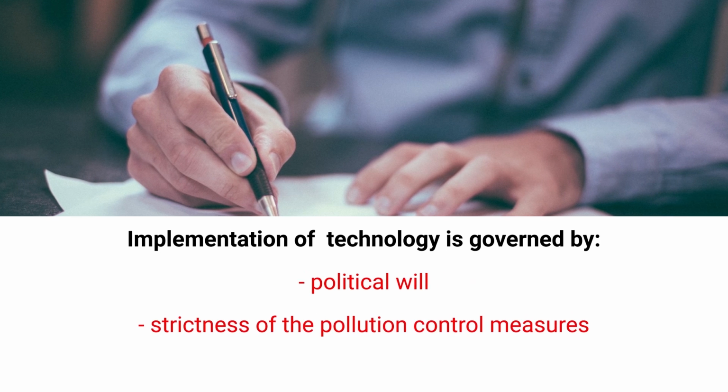Also political will, because it is very important, the state in which you are going to set up a new technological development plant, whether there is political will or not. Then also pollution control measures have to be taken into consideration. It should not be an eco-sensitive place where the harmful effects of technology are likely to harm the environment.